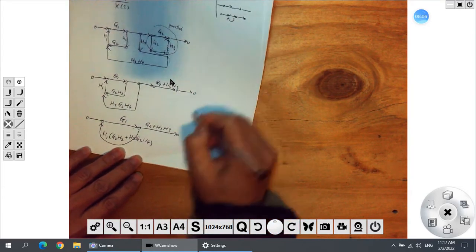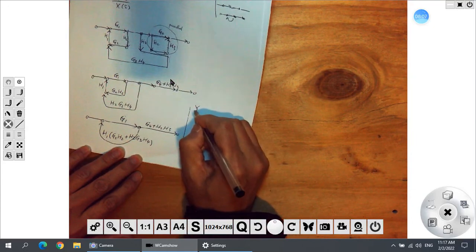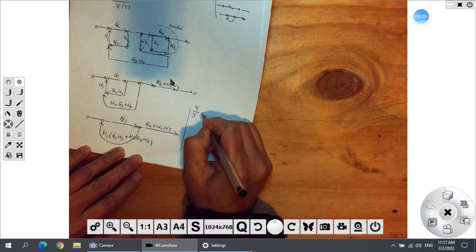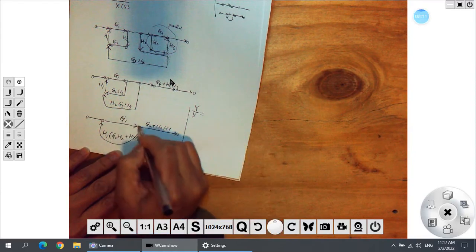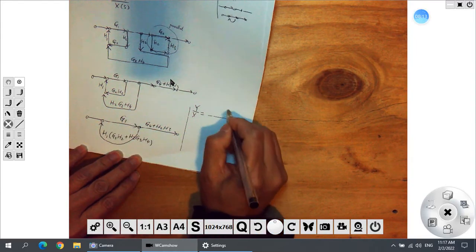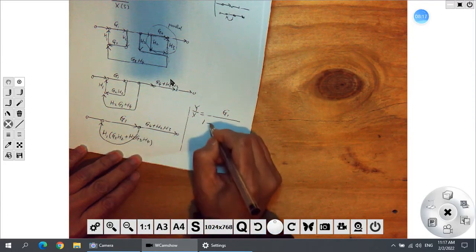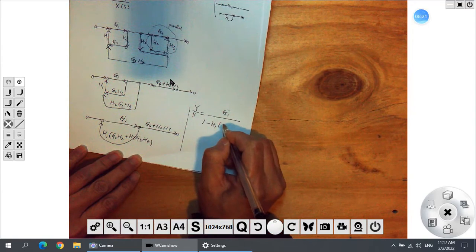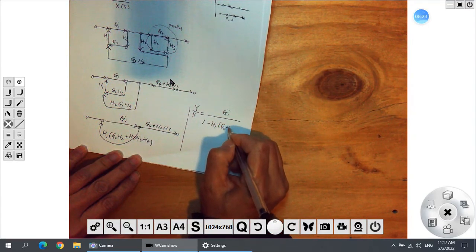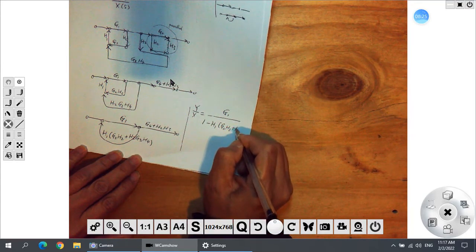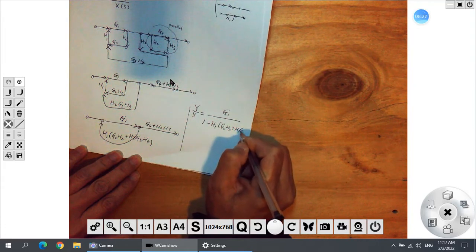I write it here. Y over x equal to, here's the feedback part, so it is a G1 over 1 minus the feedback loop. Feedback path is a H1 times G2 H2 plus H2 G3 H4.